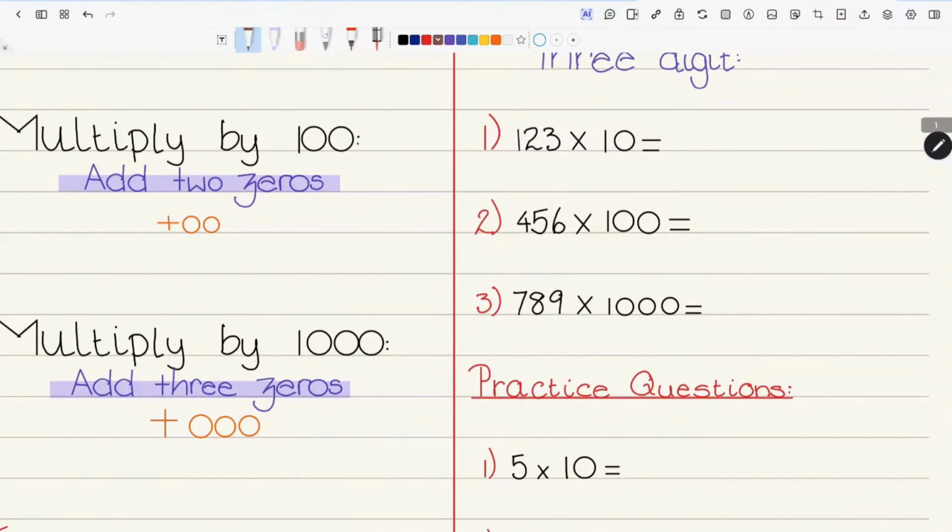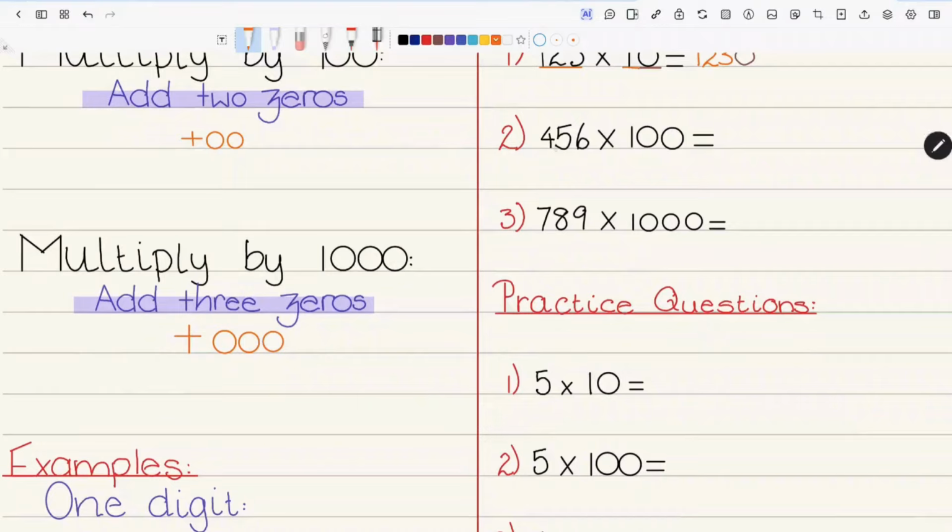Now we go into a little bit harder, but still the same rules apply. Now you have 123 multiplied by 1. And how many zeros in 10? 1. So you will have 123 with a 0, which gives you 1,230.